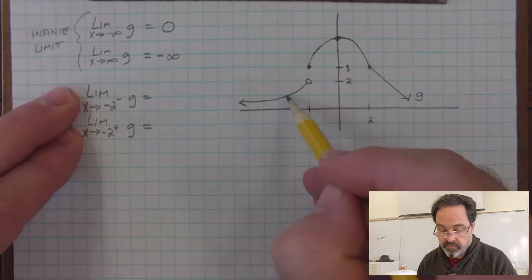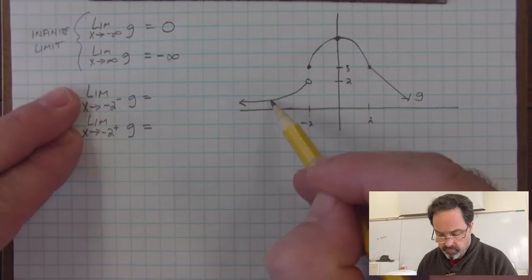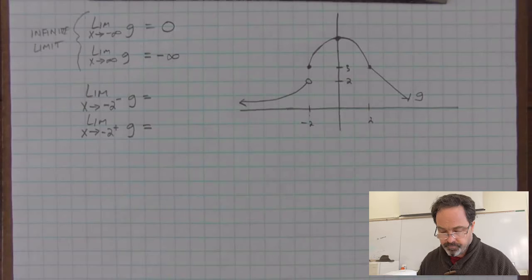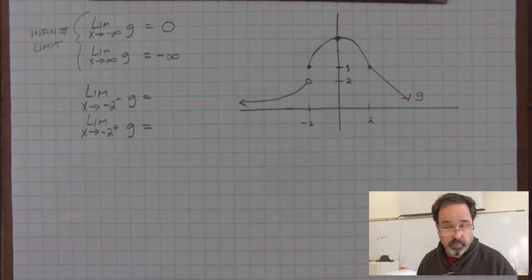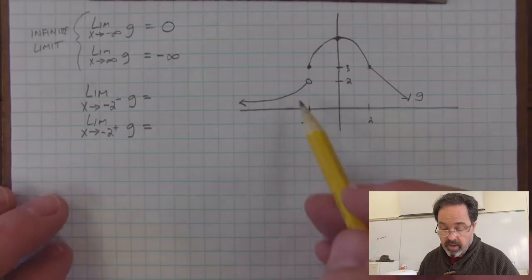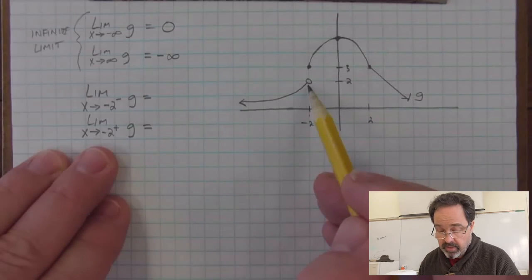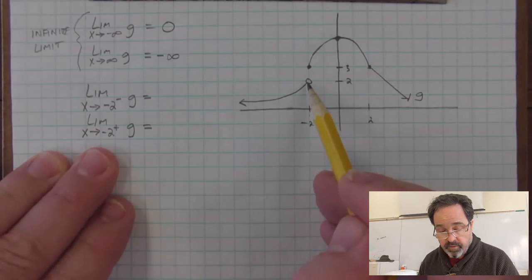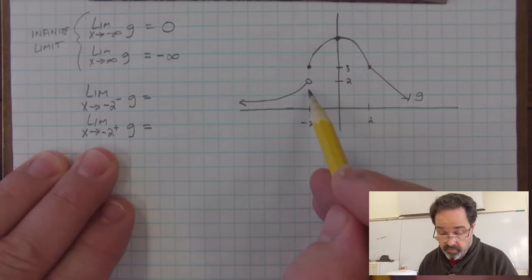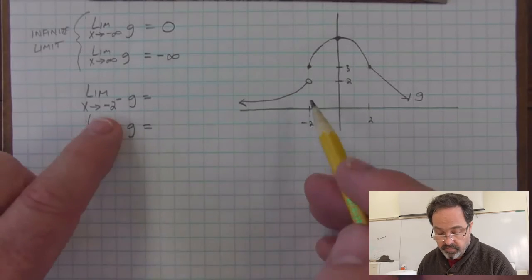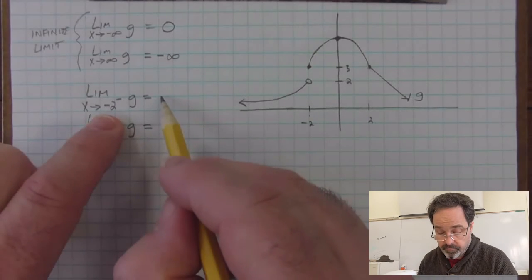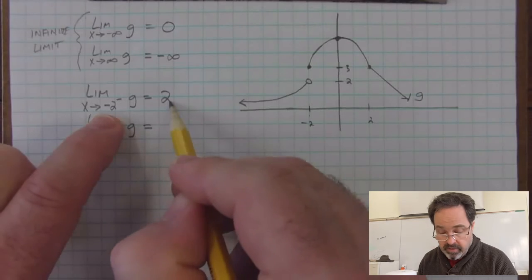If I am to the left of -2 and I'm imagining following that trend of the curvature of this function, where do I think I will be as a y value or height when I get to -2? I think I'm going to arrive at 2. It doesn't matter that there's an open dot there, it's where I think I'm going to be. So the limit as we approach negative 2 from the left is 2.